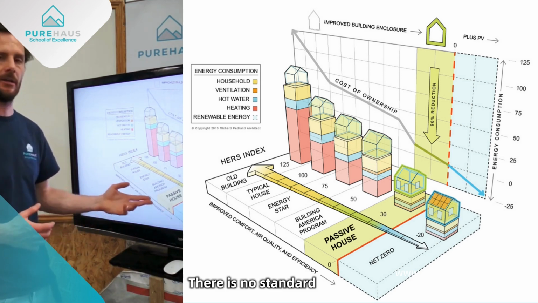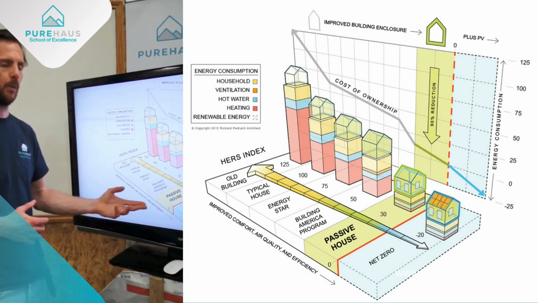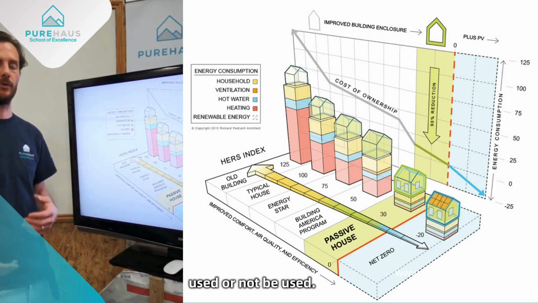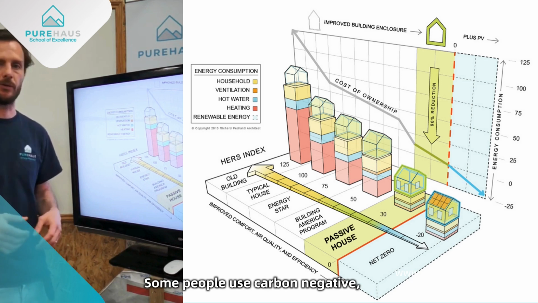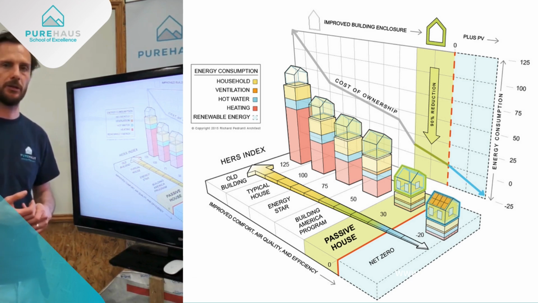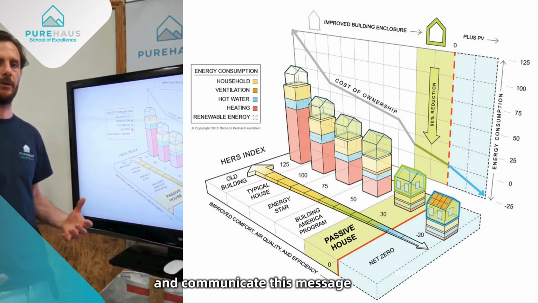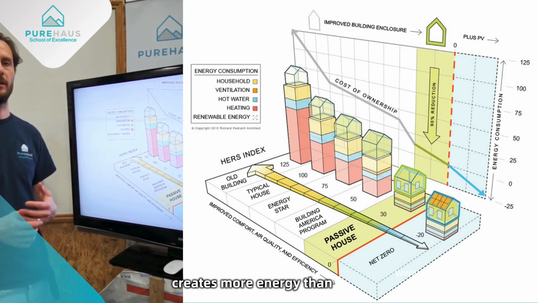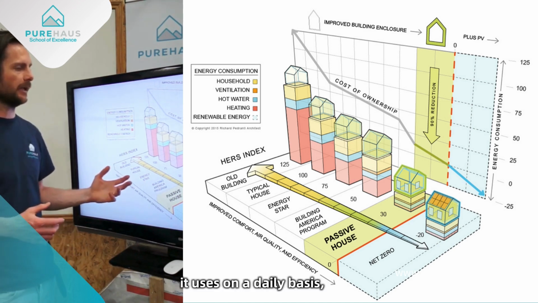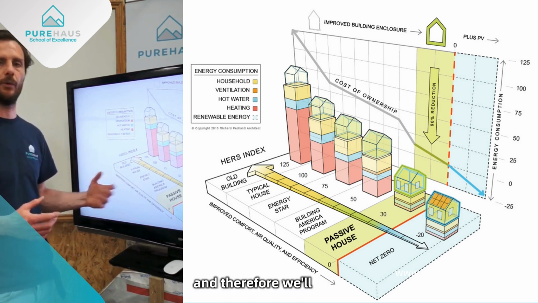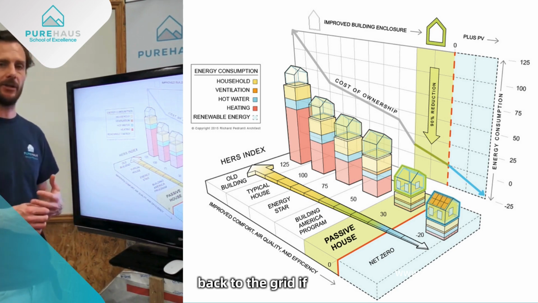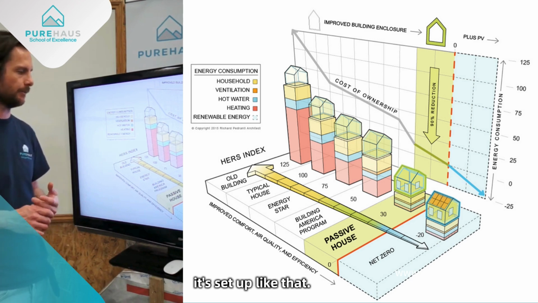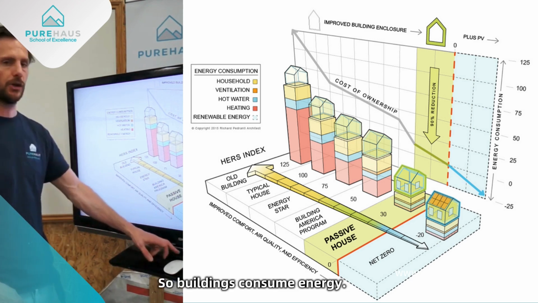There is no standard, and there is nothing to say when the word net zero can or cannot be used. Some people use carbon negative, carbon neutral. There's lots of phrases to try and communicate this message that this building here creates more energy than it uses on a daily basis, and therefore will be exporting energy back to the grid if it's set up like that. Okay, so buildings consume energy.